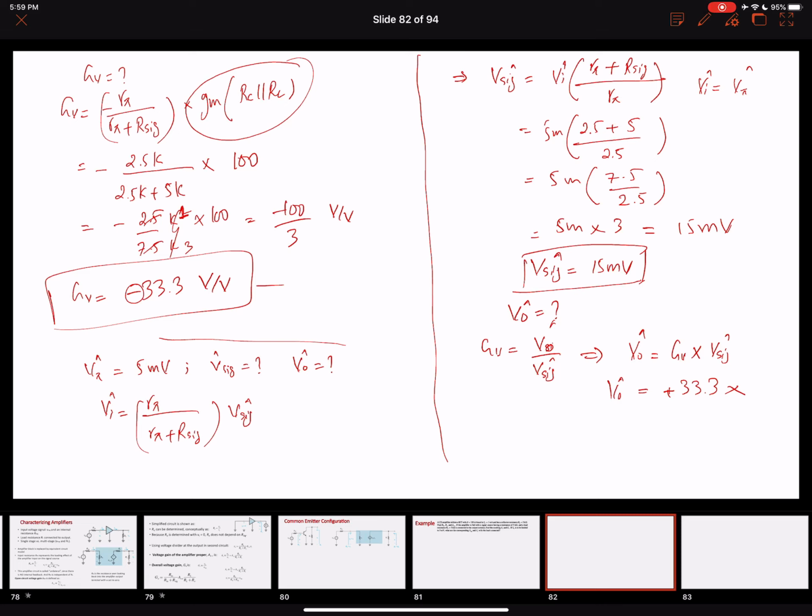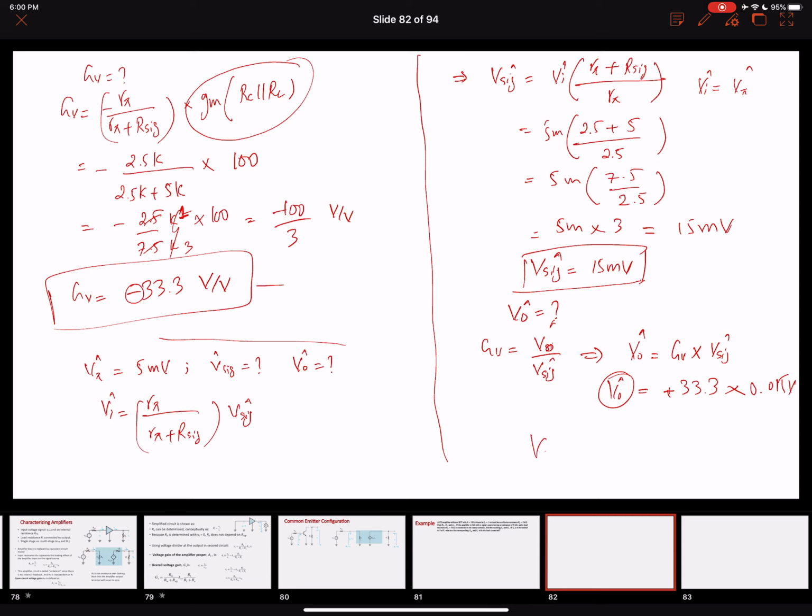In terms of finding these values, V naught and V sig, we are interested in finding the limiting values of these voltage signals that are allowed here. So 33.3 is the overall voltage gain, and we are going to multiply that with V sig, which is 15 millivolts, so 0.015 volts.